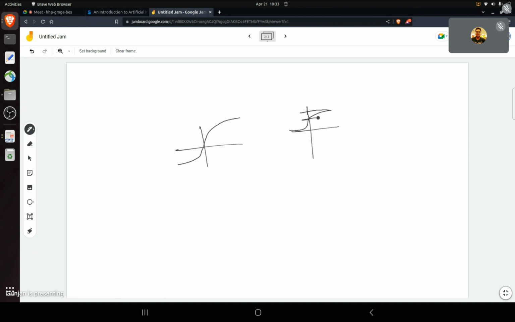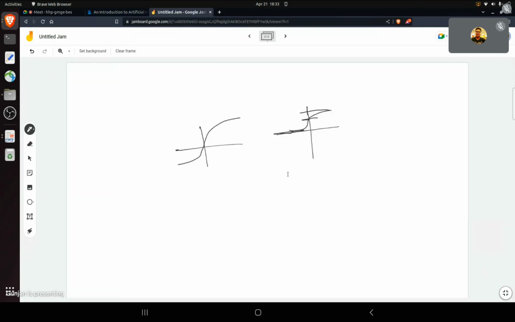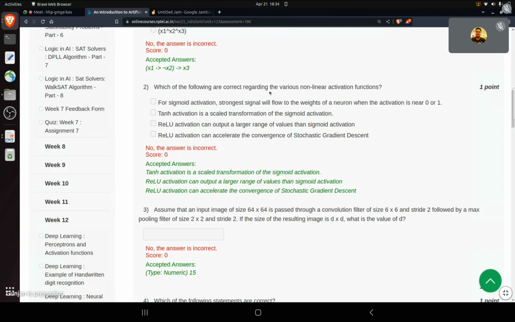That's why the signal strength is 0 there. When you are somewhere in the middle region, it works. Otherwise, it does not. The signal flows at the time of back propagation. That's what the statement is saying, or how it was explained in the class.